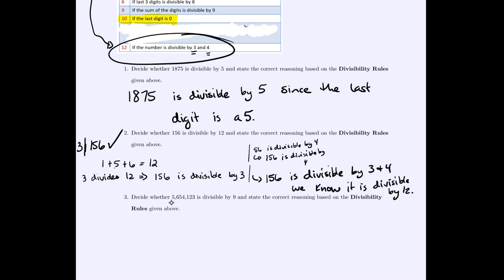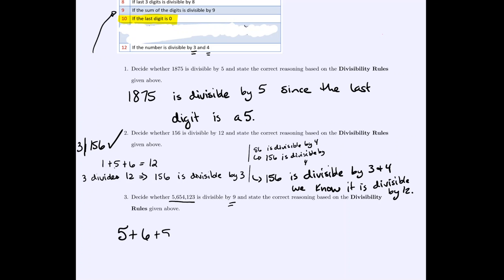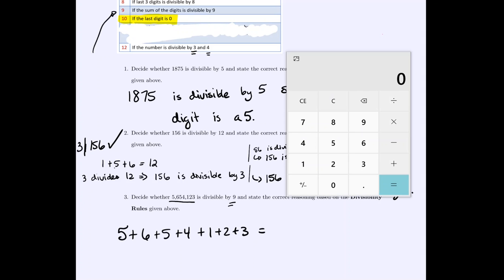Now our next example asks us whether this large number is divisible by 9 and to state our correct reasoning. Looking at our list, we know something is divisible by 9 if the sum of its digits is divisible by 9. So we would add all the digits together carefully, either by hand or with our calculator. When we do so, we get 5 plus 6 plus 5 plus 4 plus 1 plus 2 plus 3, and we get 26.